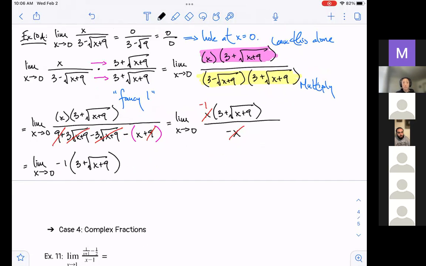Now you're welcome to distribute this -1 if you want, but I also know that I'm just trying to plug in 0, right? We did all of this so that when we plug in 0, we can see what's happening around the hole, just not at the hole. So I'm just going to go ahead and plug in the number I have. So I have -1 times 3 plus square root of 9.